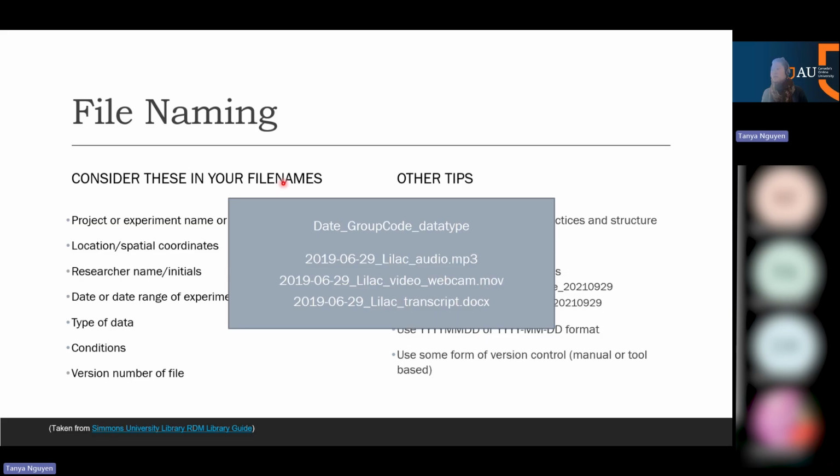So this is one example of how you could do file naming. You can do it however it fits your research purposes, as long as you're consistent with it.